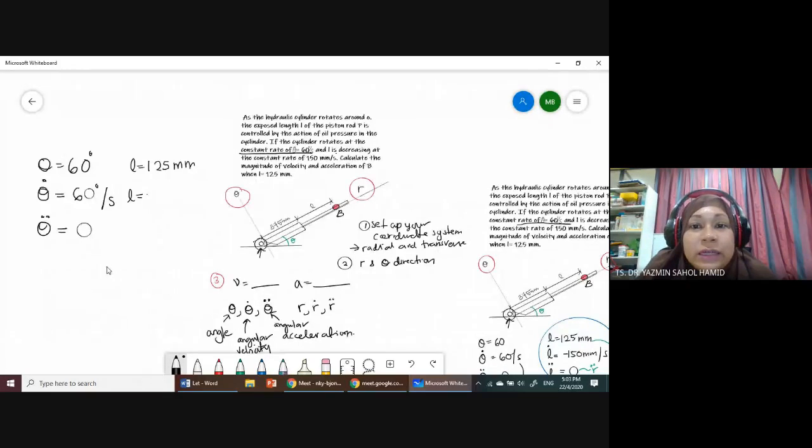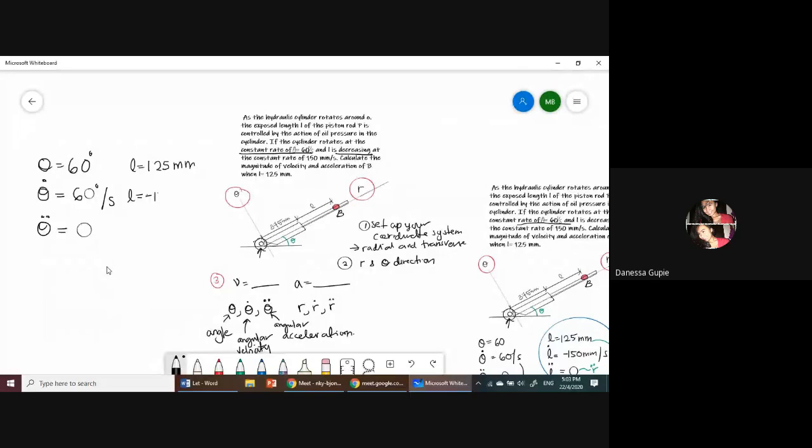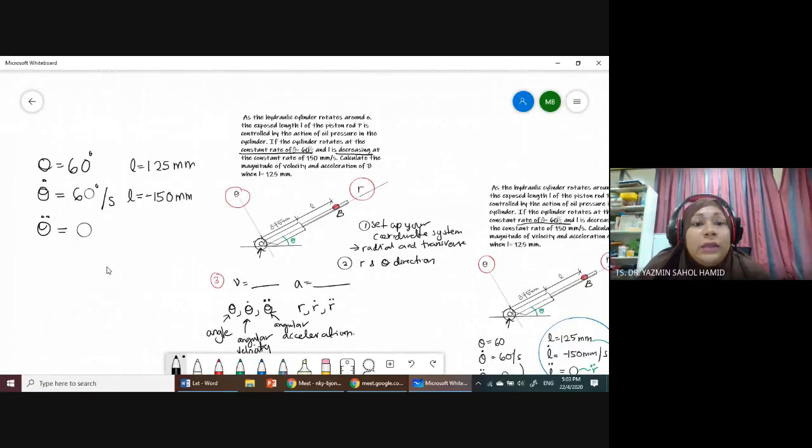But here it mentioned it is decreasing, so it will be negative 150 millimeters per second. This one is L dot. How about L double dot? L double dot is 0. Yes, good job.